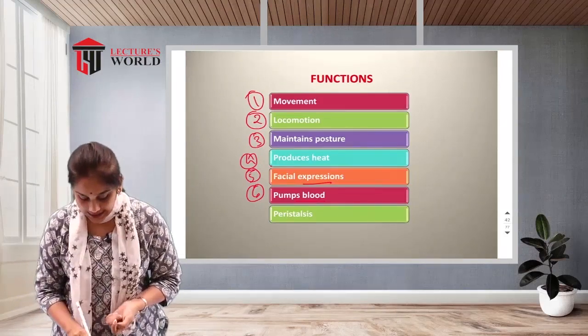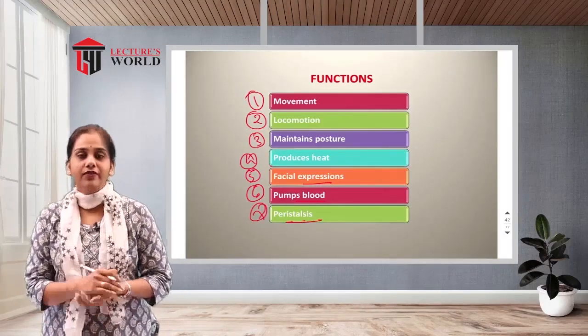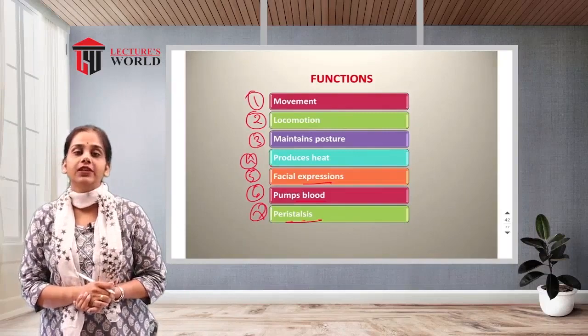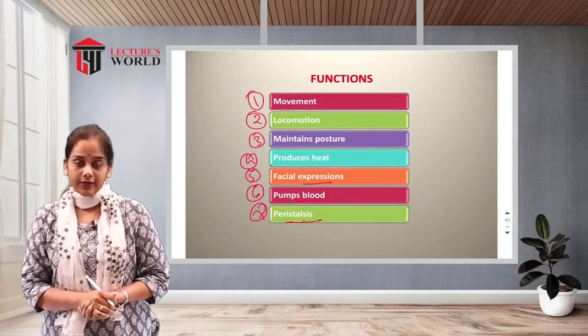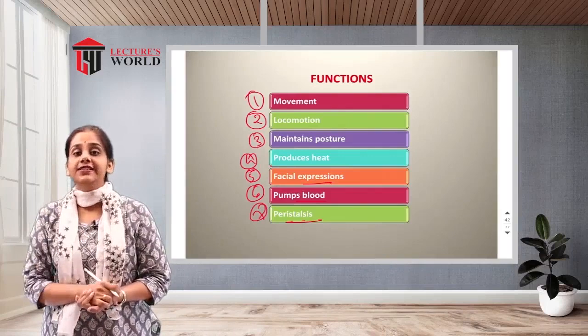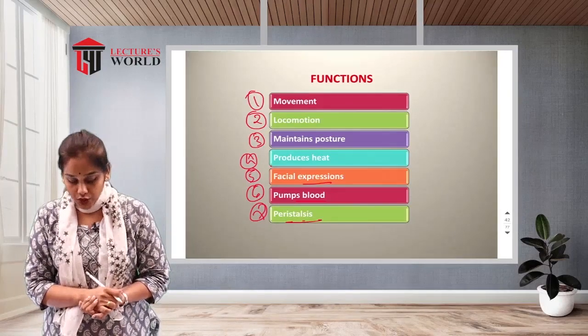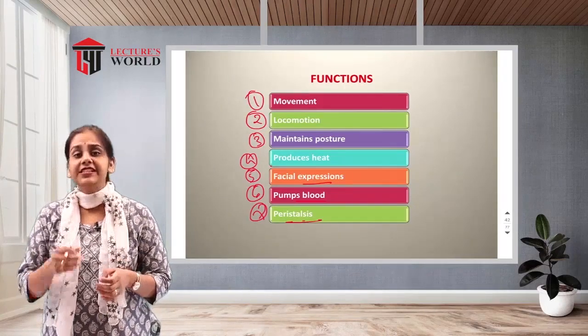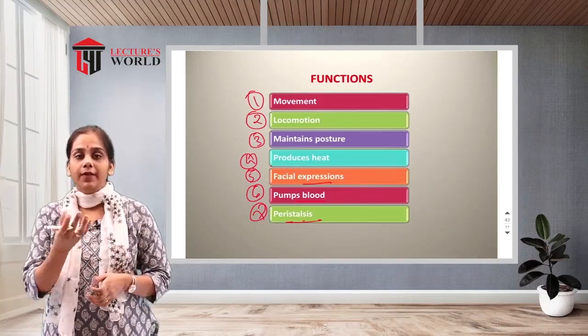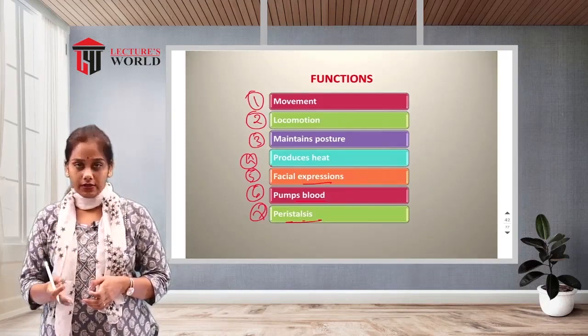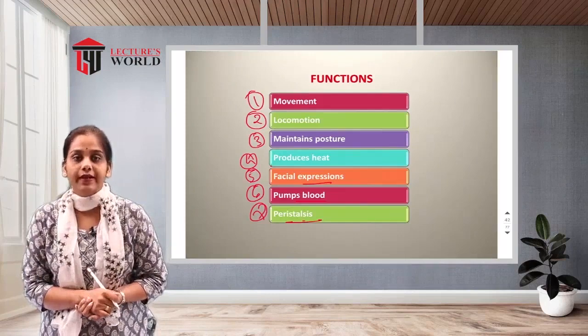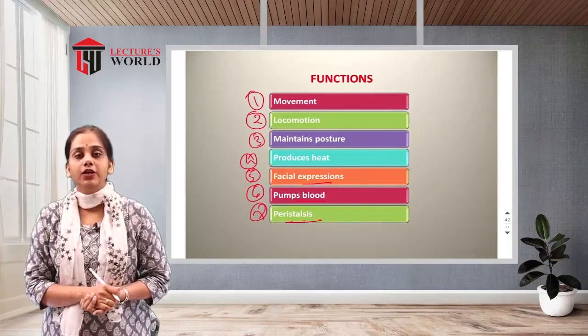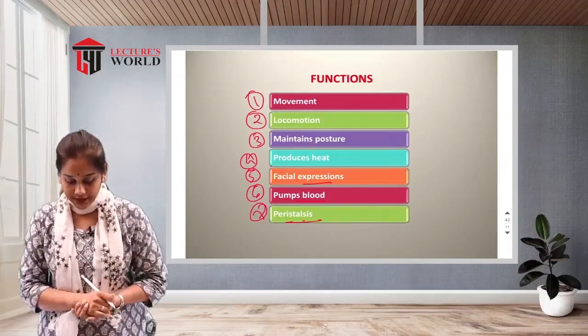Then the seventh one is peristalsis. Where does it occur? Peristalsis movement generally occurs in the esophagus as well as the small intestine. Peristalsis means wavy movement of the particular organ, and it occurs because of the muscle tissue.